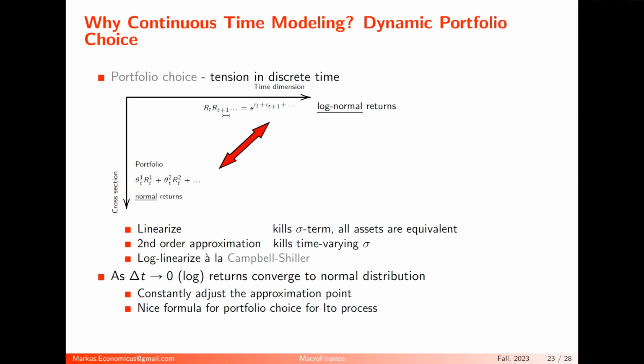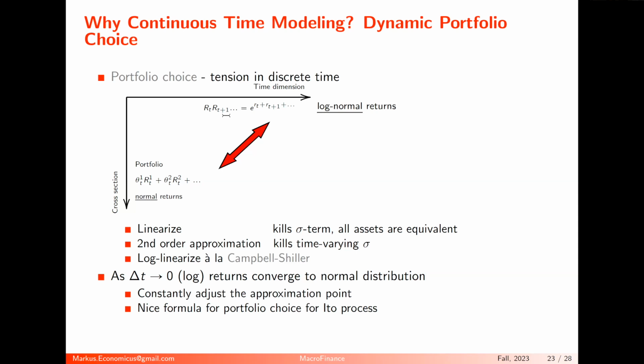Okay. So for portfolio choice with many assets, we would like to have normal payoffs and constant absolute risk aversion. For dynamic models, over time, we would like to have lognormal returns, so not payoffs but returns, because it's a product of them, and then have constant relative risk aversion.